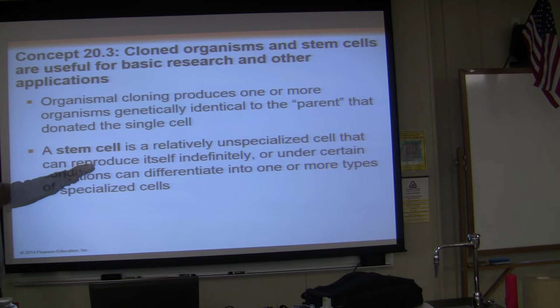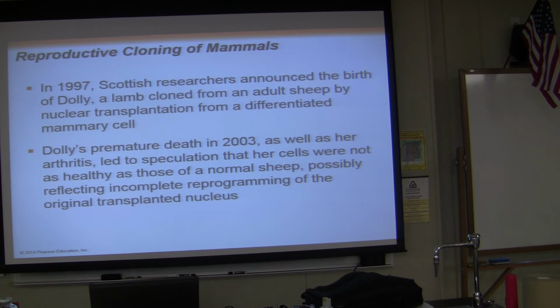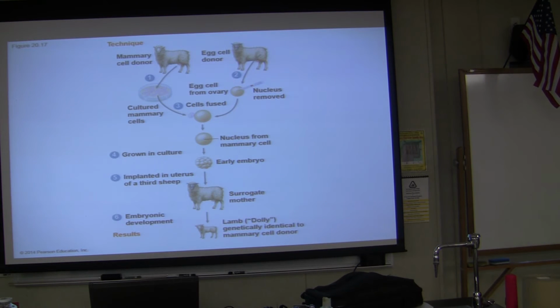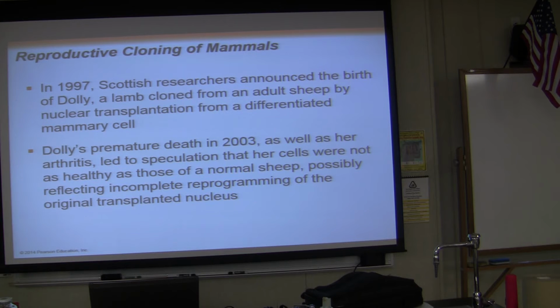A stem cell is a relatively unspecialized cell that can reproduce itself indefinitely, and under certain conditions can differentiate into one or more types of specialized cells.